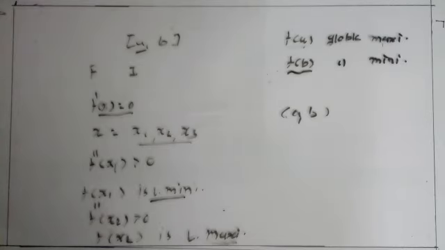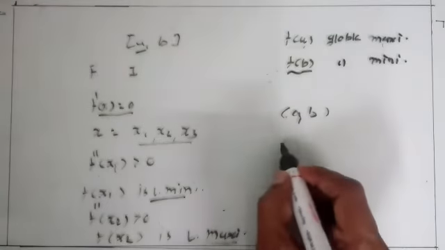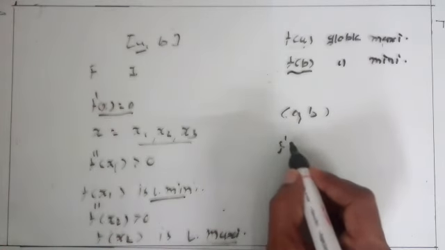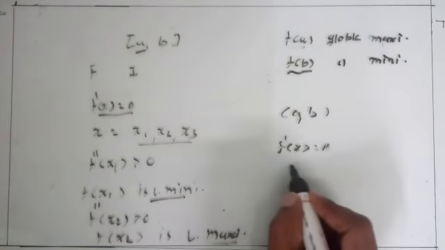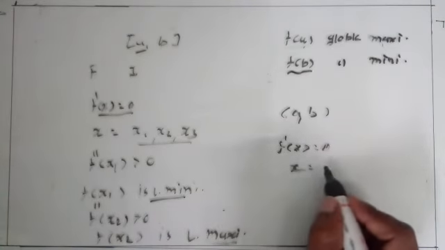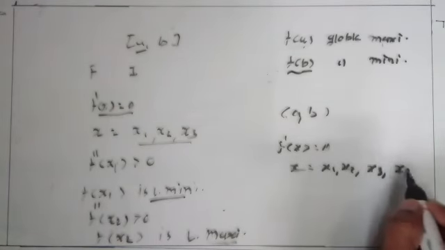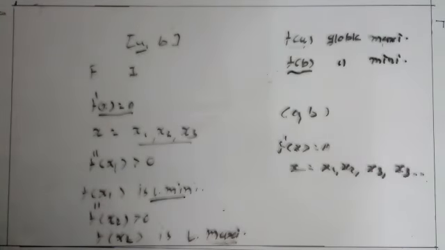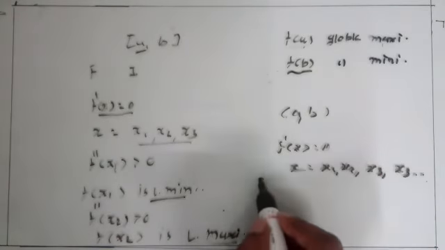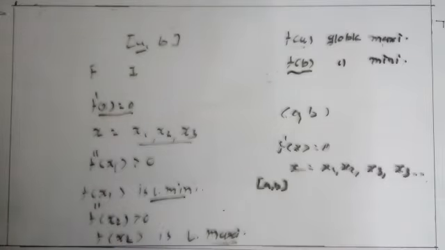First step given, find all critical points of f in the interval I. Find a point x where f dash x is equal to 0. That means first step, from f dash x is equal to 0, we get values of x, like x1, x2, x3, x4, different values here we get. And take the end points of the interval, like in this interval (a, b), end points a and b.